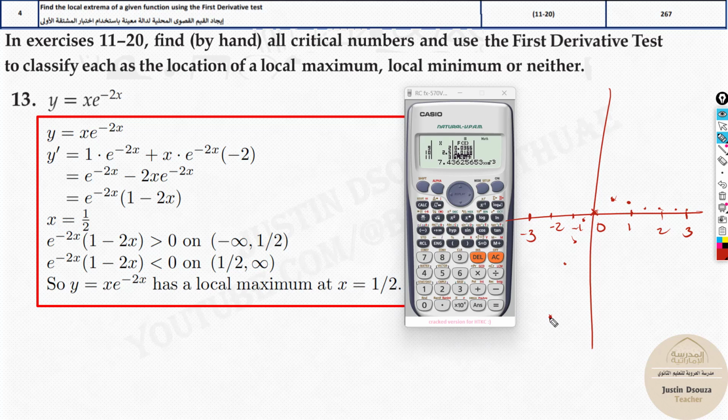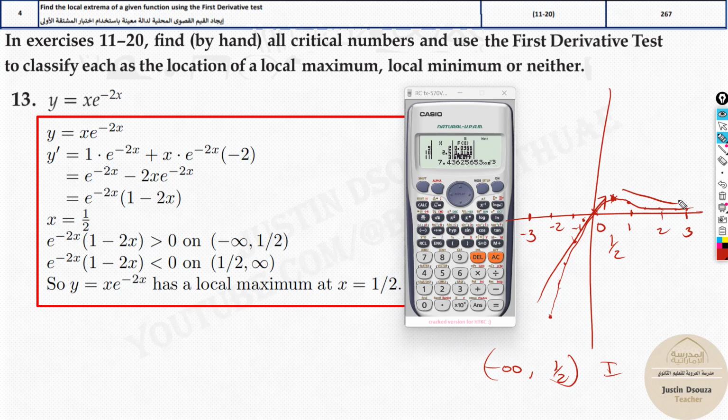If I connect these points, I get an idea of the graph something like this. The maximum is over here at half, so I can confirm the critical number is half. And what is happening? Where is it increasing? It increases from minus infinity till half, isn't it? So from minus infinity till positive half, it's increasing.